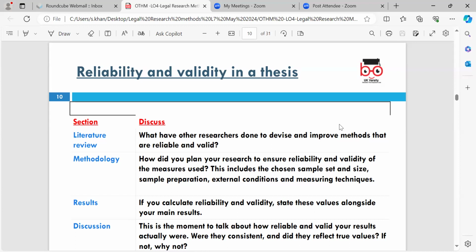If a method is not reliable, it probably isn't valid. An example of that: if a thermometer shows different temperatures each time, even though you have carefully controlled conditions to ensure the sample's temperature stays the same, the thermometer is probably malfunctioning and therefore its measurements are not valid.